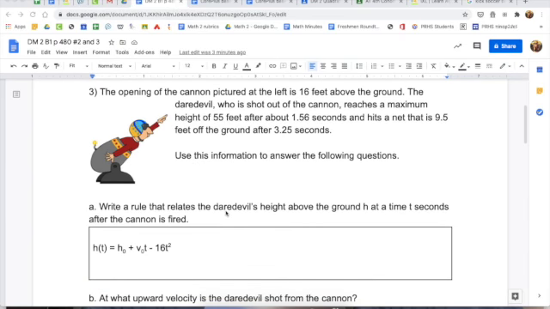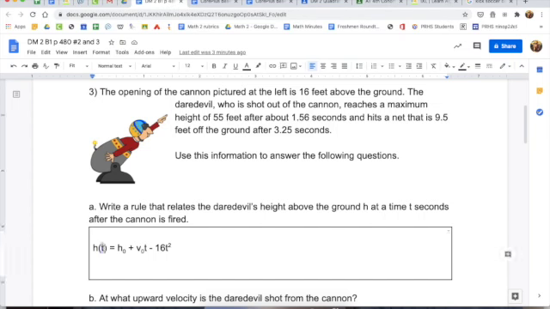So what we need to do is use some algebra skills and the equation for anything that is thrown or shot, for example shot out of a cannon. Here is that equation. We're going to write a rule that relates the daredevil's height above ground, h, at a time t seconds after the cannon is fired.